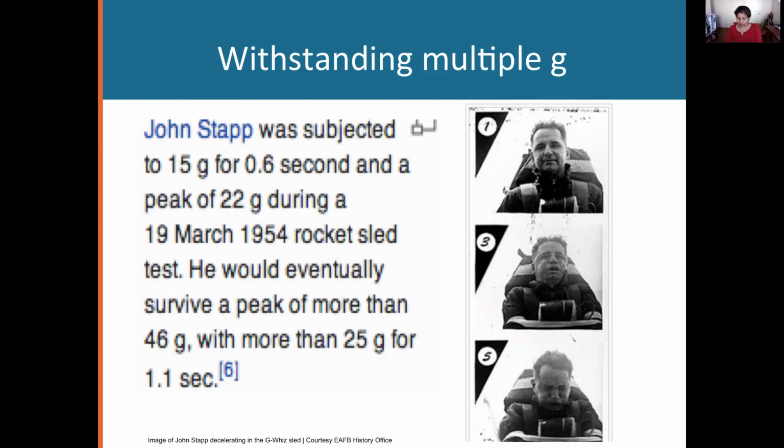After that, you're going to suffer severe consequences, if not death. And up to 25 G for 1.1 seconds. That's what he had, 25 G for 1.1 seconds. So how did he withstand up to 46 G, even for a fraction of a second? You can improve your ability to withstand this with training. However, it does take a toll. I would not advise it.